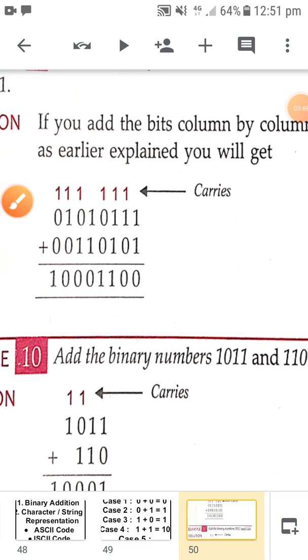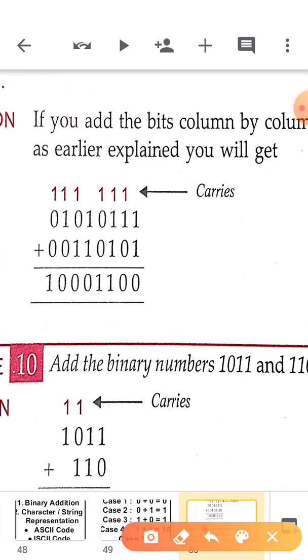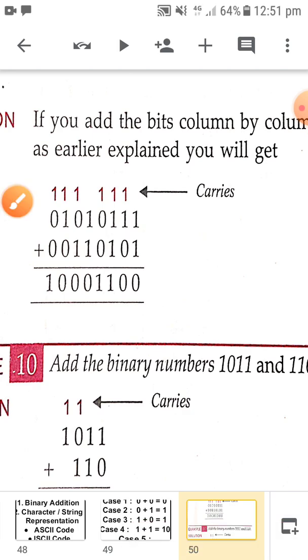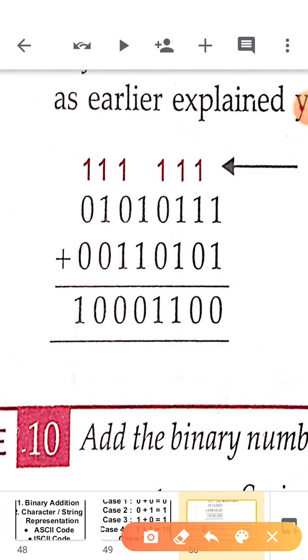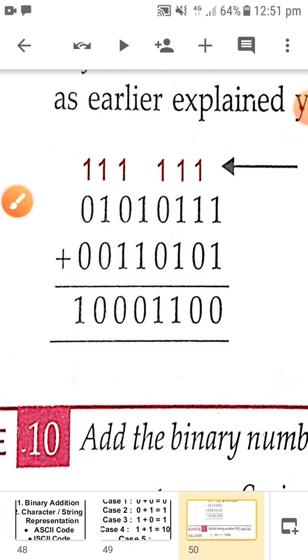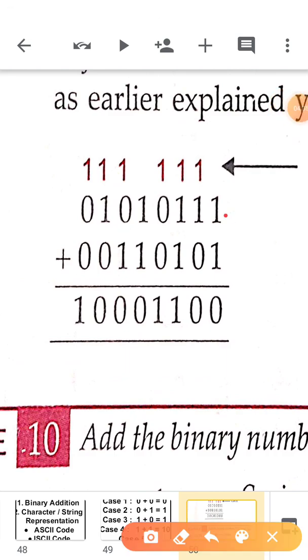First, let me zoom this. See, now I hope you are able to see this question very clearly. Now, this one and this one give you 0 here, and 1 carry also. So this is your carry.